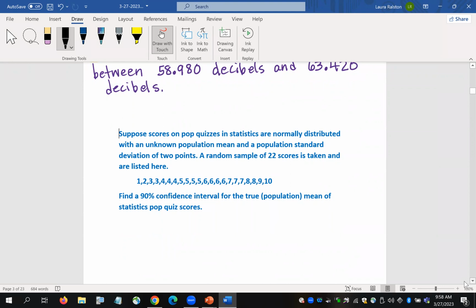Okay, so two things that I see. One is it does give me the population standard deviation. So because I know the population standard deviation, I am going to do a z-interval.